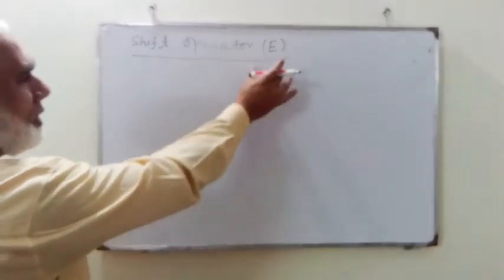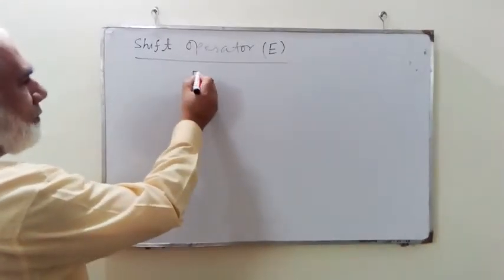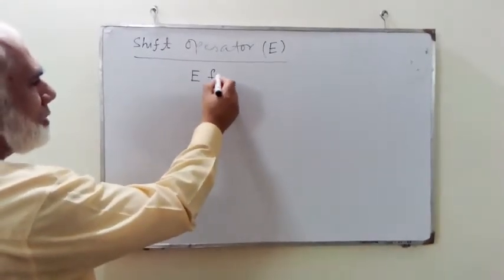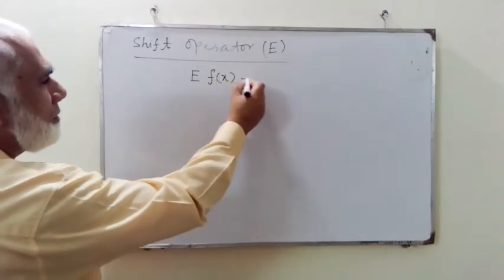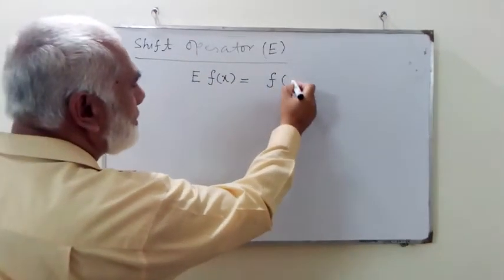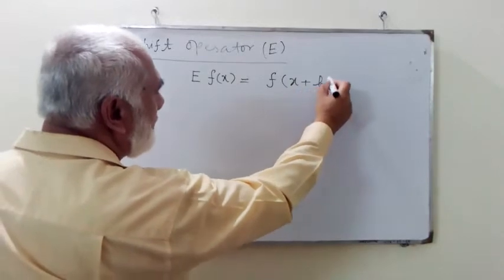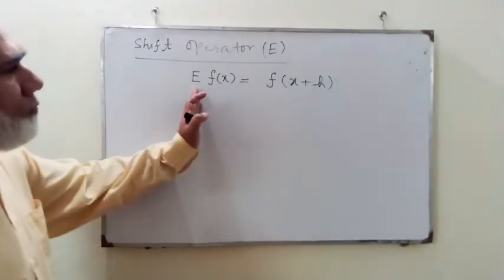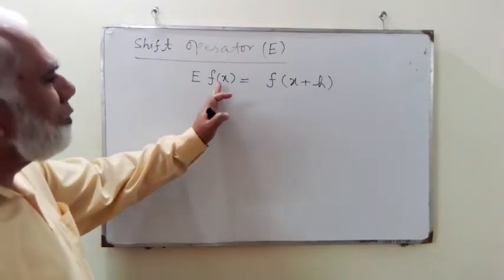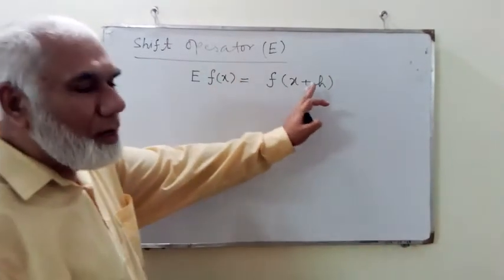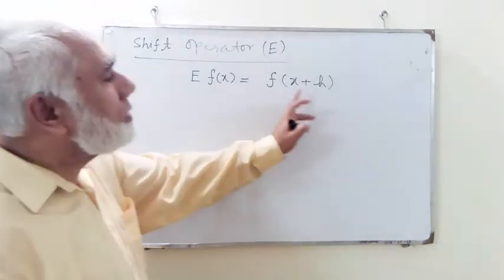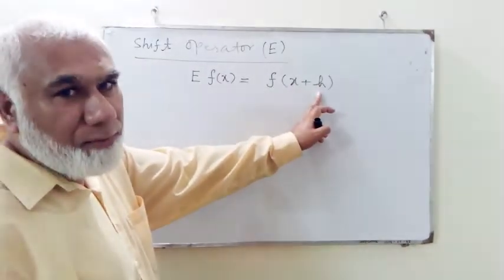Now, the definition of this shift operator is that whenever we apply it over some function, say f(x), it shifts the function to the nearest location, f(x plus h). This is the one-time application of the operator over a function.